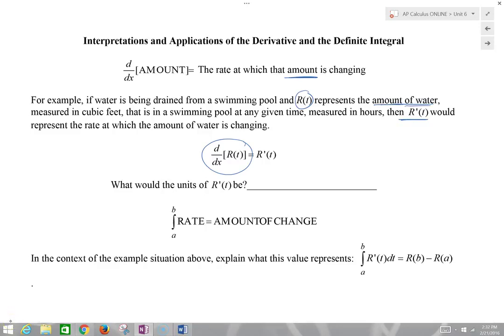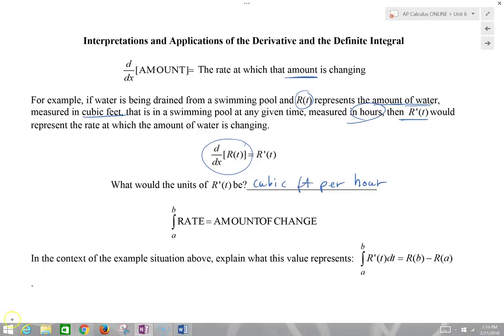And since r of t is measured in cubic feet, then r prime of t is going to be cubic feet per hour.